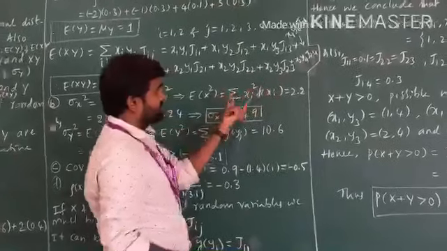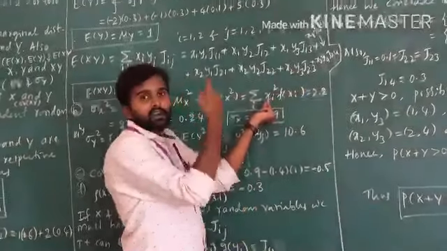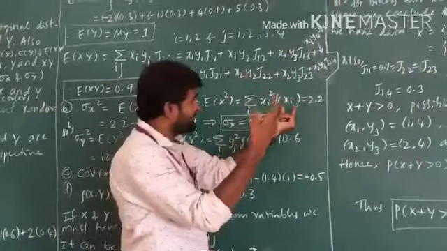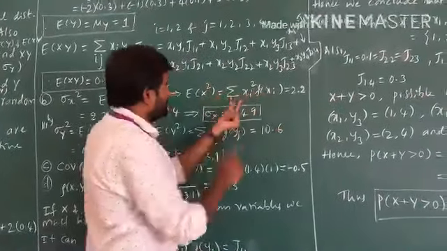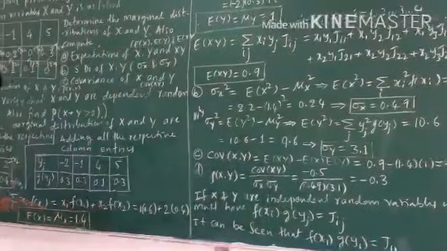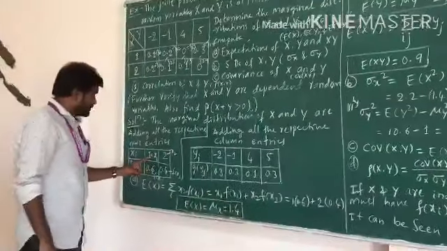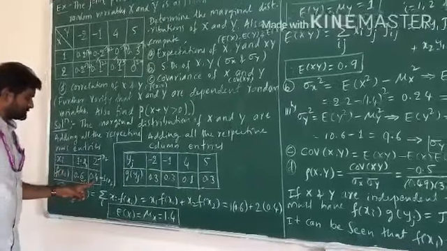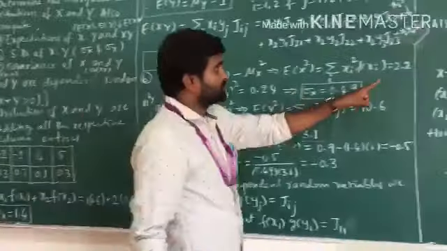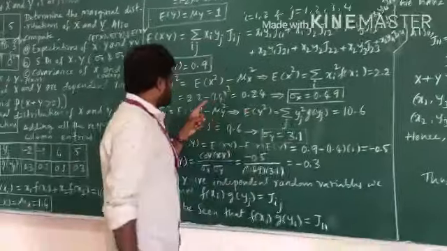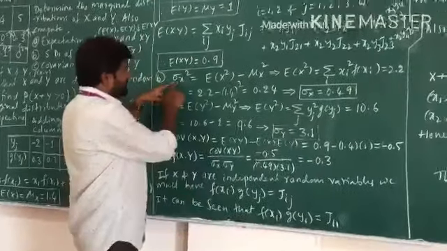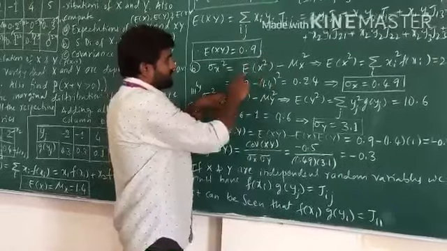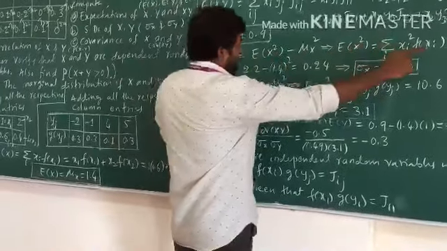Splitting this, you get x1 square into f of x1 plus x2 square into f of x2. We have the values of x1 and x2: 1 square into this plus 2 square into this. After adding, expectation of x square is 2.2.